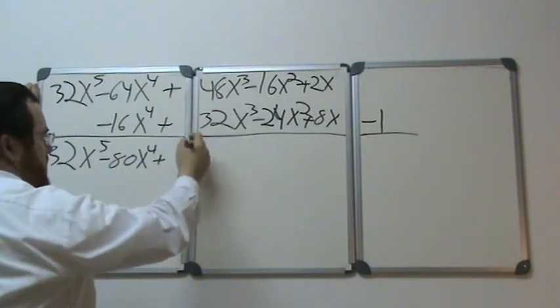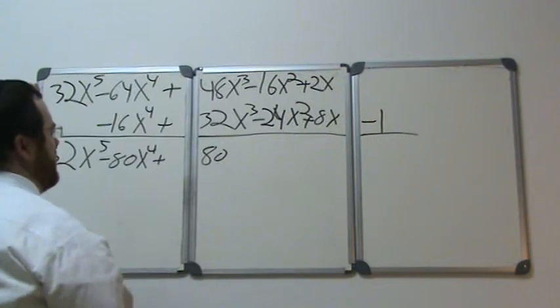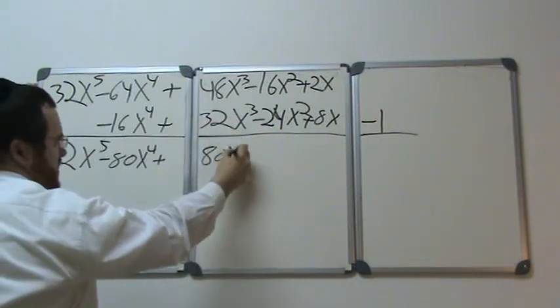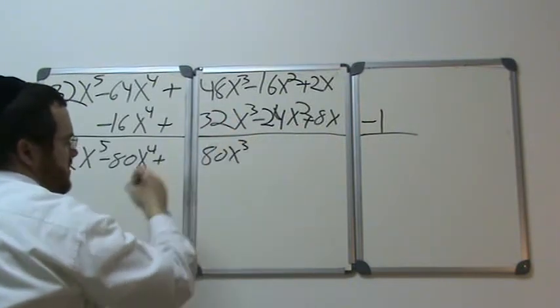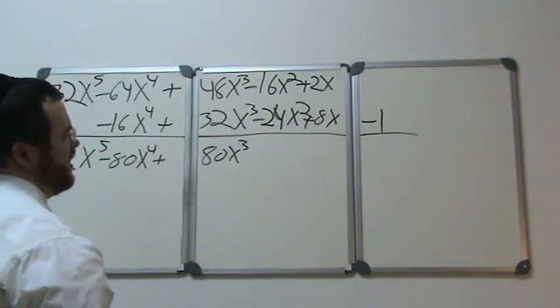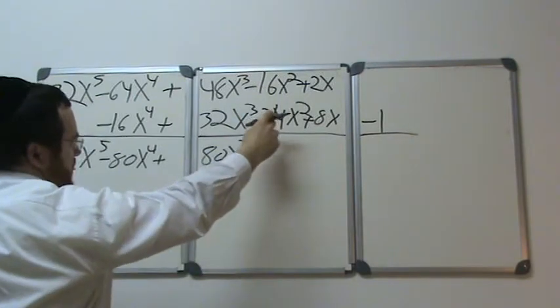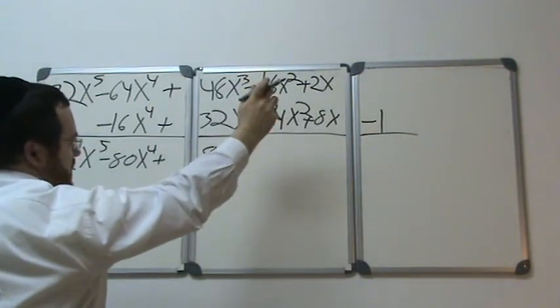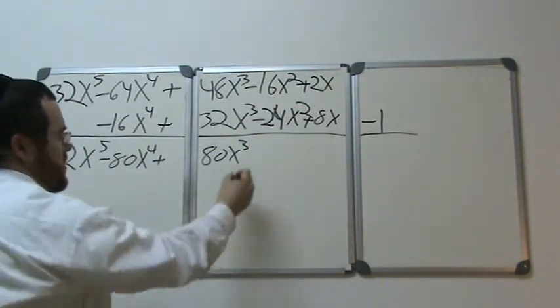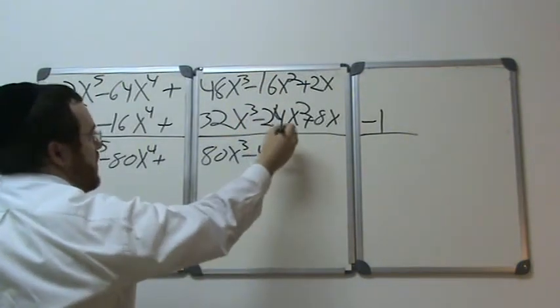Plus 32 plus 48 is another 80. And you have 80x cubes. That means x to the 3rd power. And negative 16 and negative 24 is negative 40.